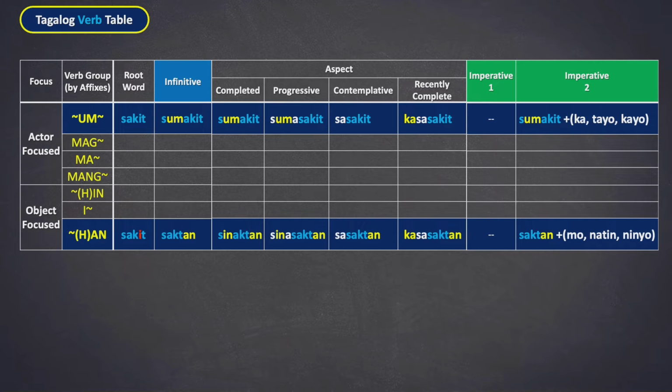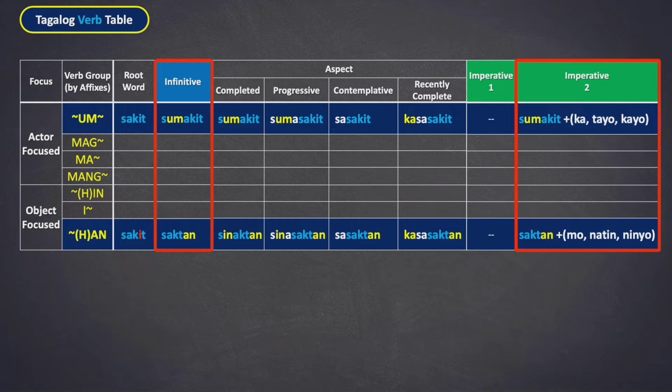Not so with the verbs SUMAKIT and SAKTAN, which only have 1 imperative form. That form uses the infinitive verb. So, the imperative forms of the infinitive verbs SUMAKIT and SAKTAN are SUMAKIT and SAKTAN also.